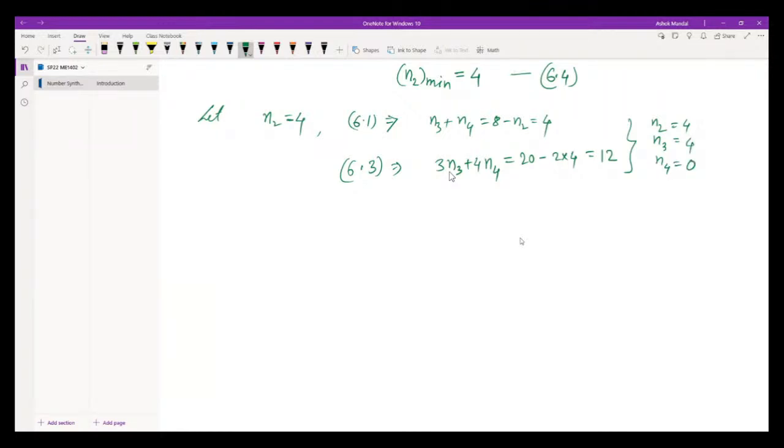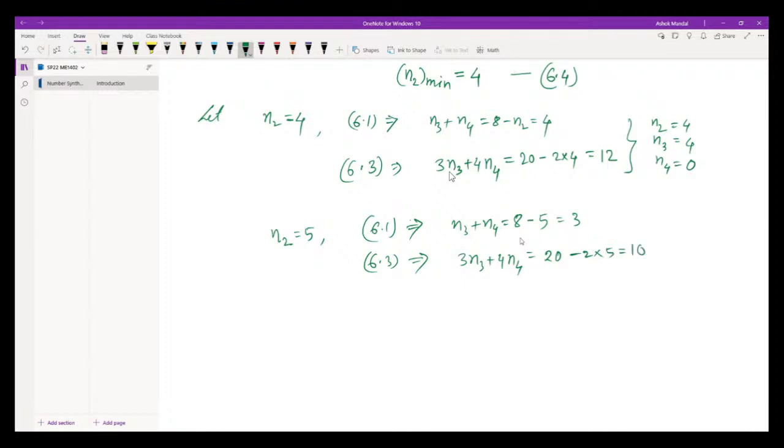Okay. So then what is the next possibility? We can take n2 equals 5. If n2 equals 5, then 6.1 gives you n3 plus n4 equals 8 minus 5 equals 3. Similarly, 6.3 gives us 3n3 plus 4n4 equals 20 minus 2 into 5.